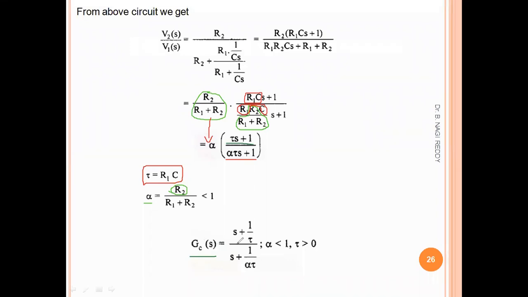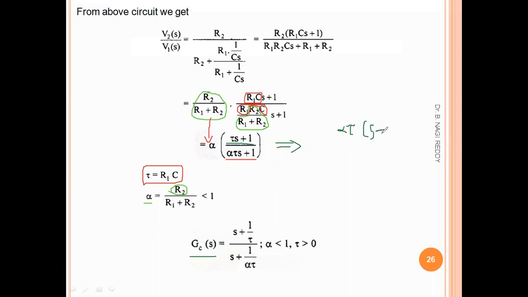So the compensator gain is 1 by tau, because if you take tau common in the numerator as well as in the denominator, then you will get tau. In the denominator, take alpha and tau common. So if you take common terms, alpha will be there in the numerator and tau is taken out as common. So here S will be there.